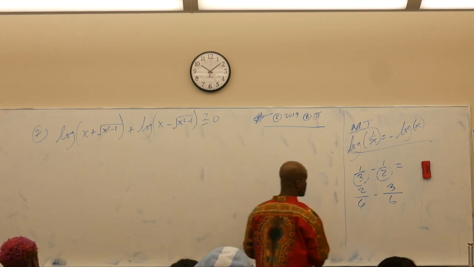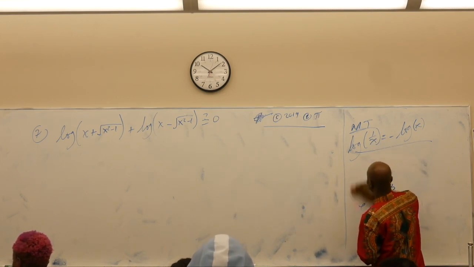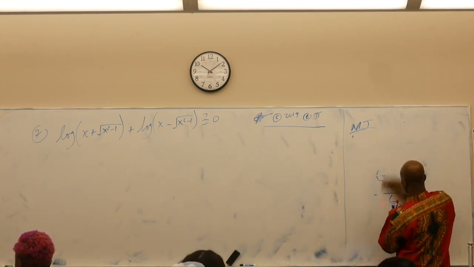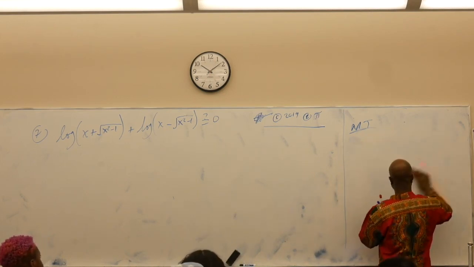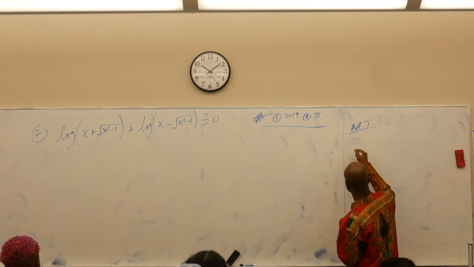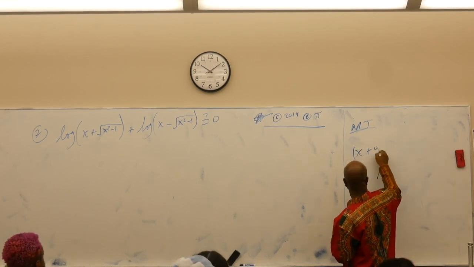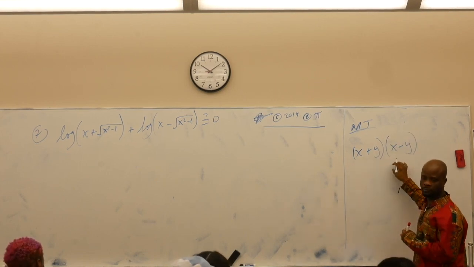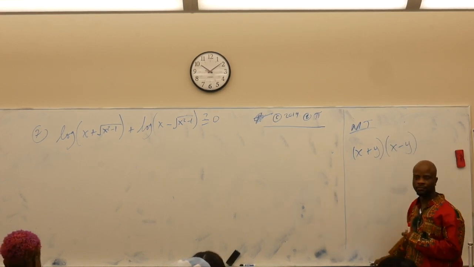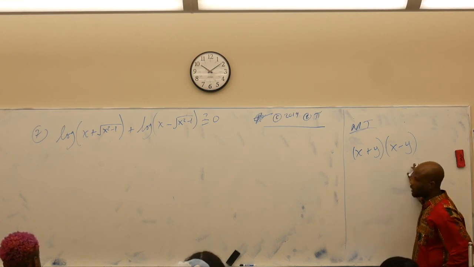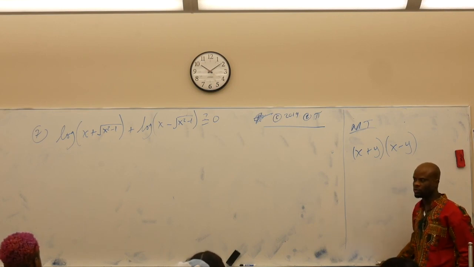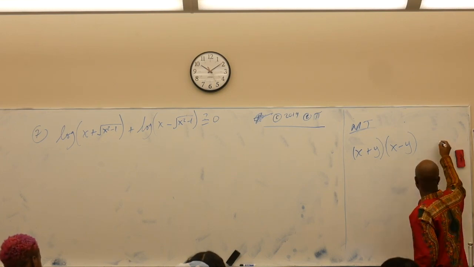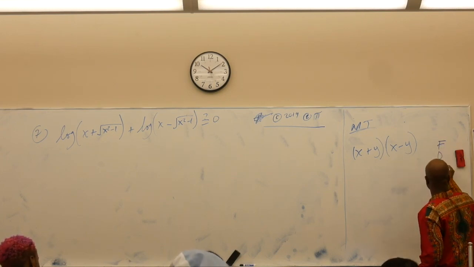Before we do that, here is another Michael Jackson moment. Remember the time when we did polynomials, when we had this, how did we deal with this? FOIL, that was the word I was looking for, thank you.